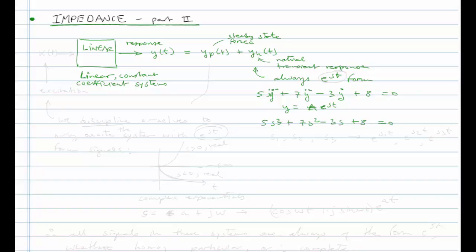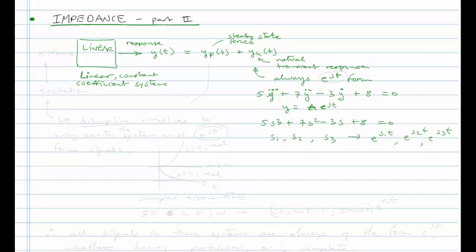You'll have an s1, an s2, and an s3, and they'll all be used in the e to the st terms. So the natural response of a linear system is always e to the st.